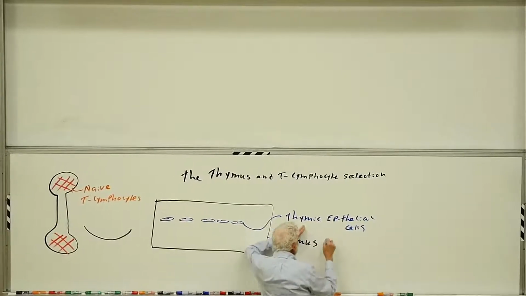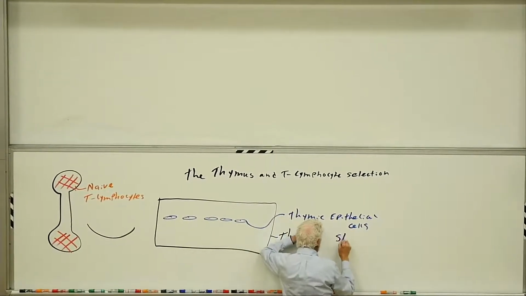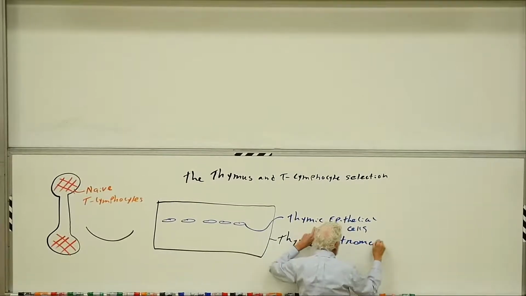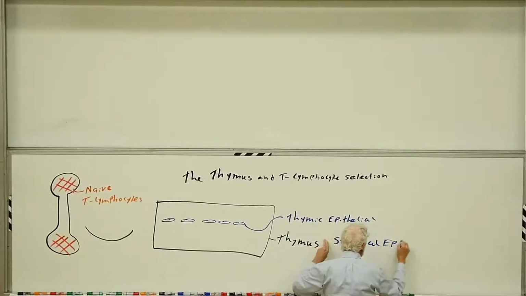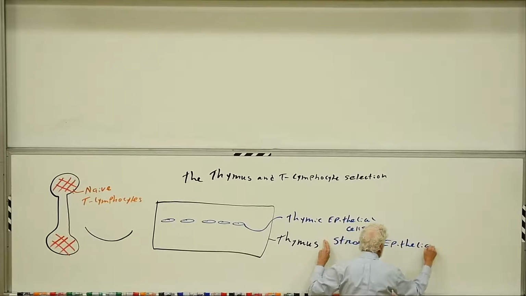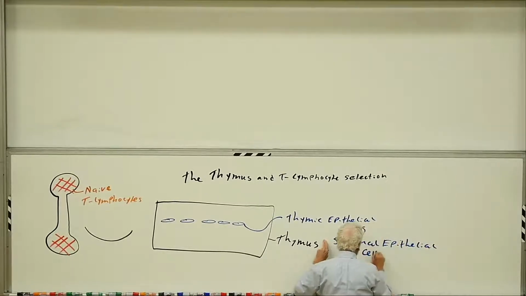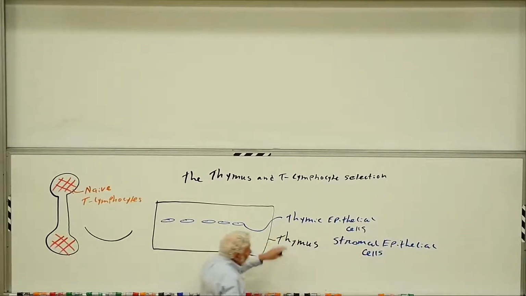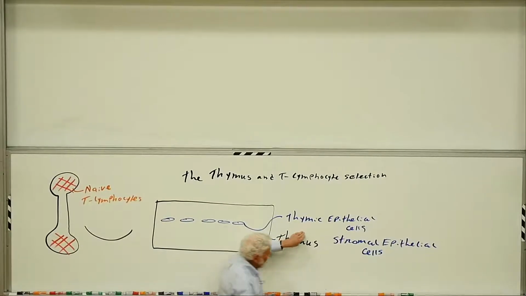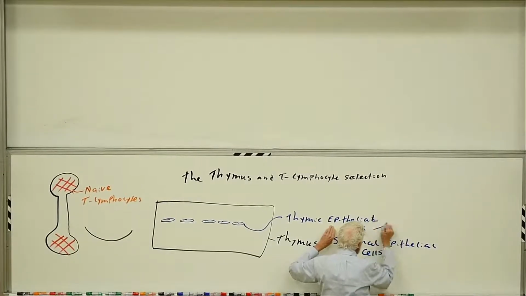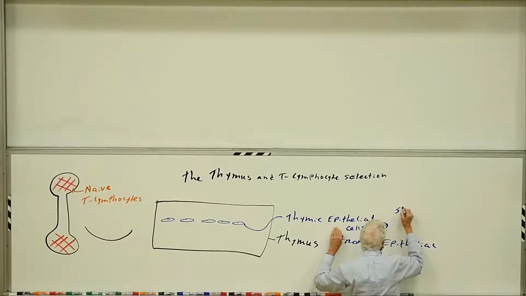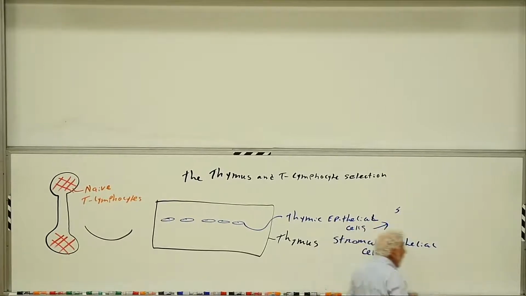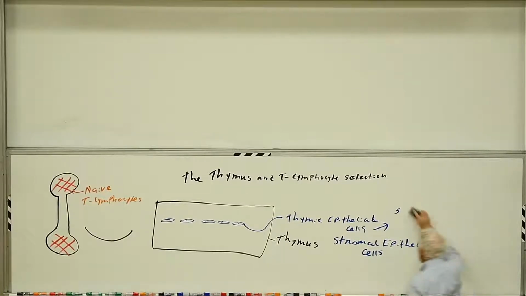Sometimes you'll see these referred to as stromal epithelial cells. The function of these epithelial cells, what they do for a living, is they select. I can do it this way. They positively and negatively select for T lymphocytes.